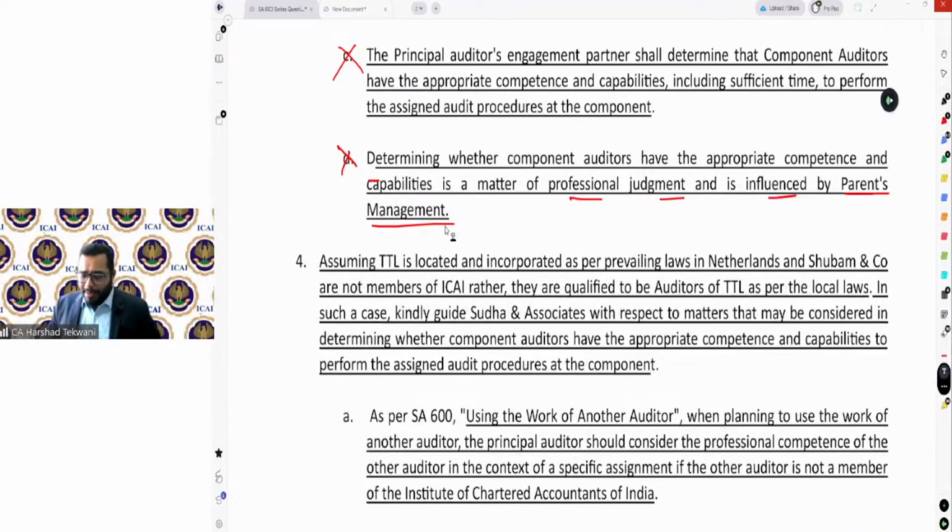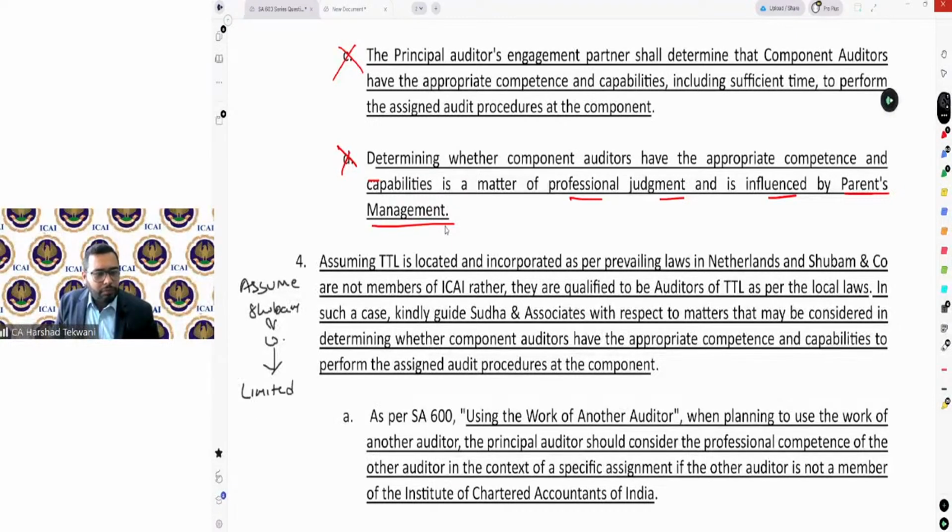Let's assume Shubham and Company is performing a limited review, not audit, in the Netherlands. What will I do?